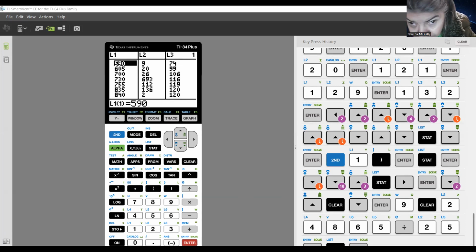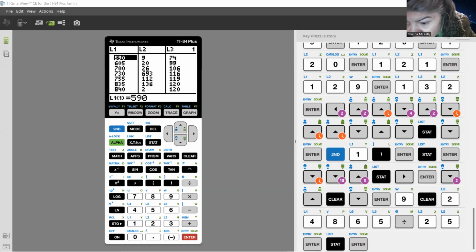So let me go back to the, hold on, let me move this out of the way. And let me scroll up. So this is our, now when you're doing the median, okay?